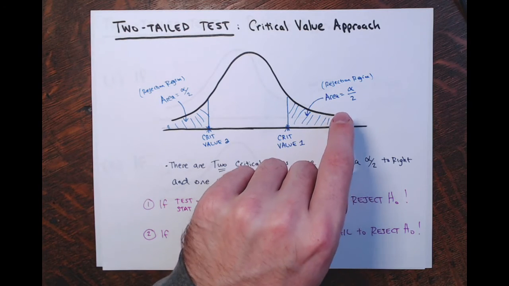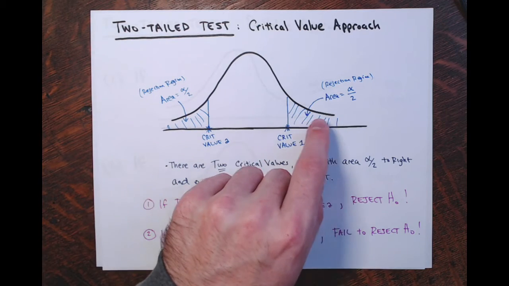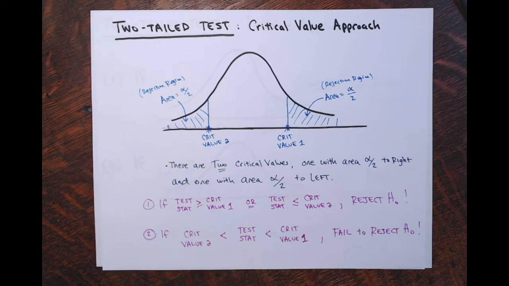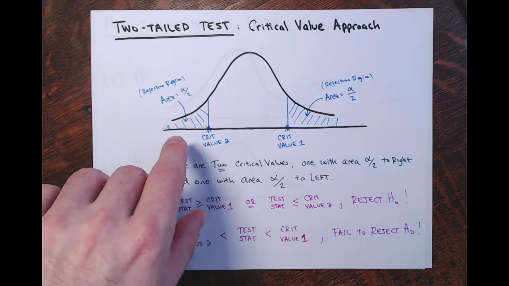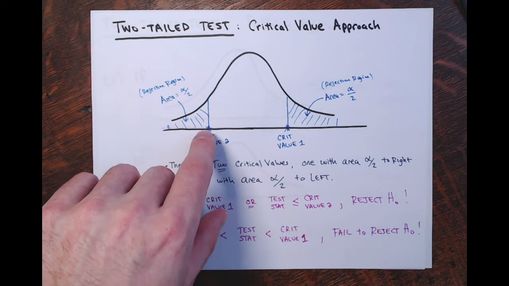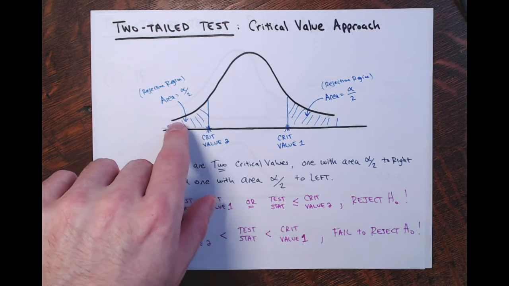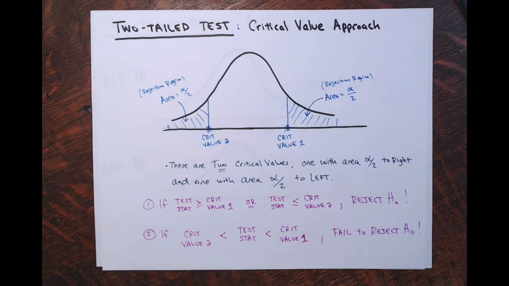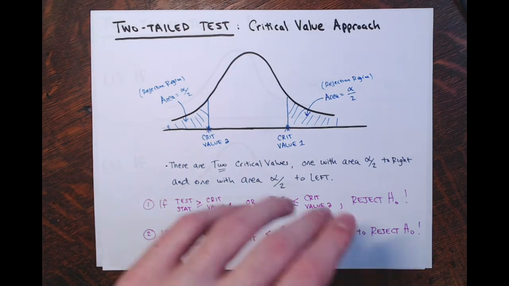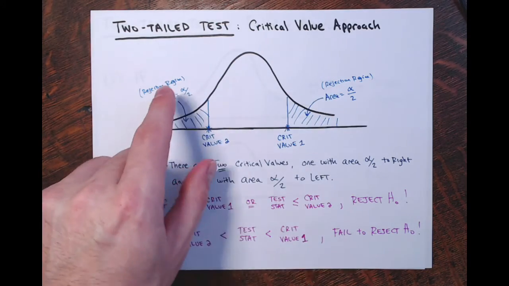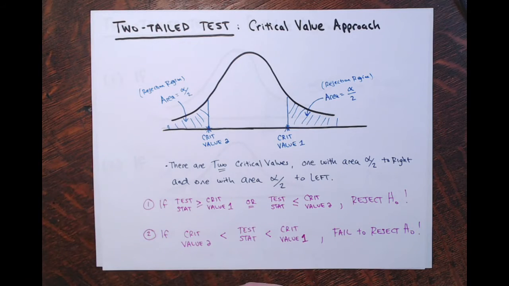That's part of the rejection region. And then the critical value on the left has an area to the left of it of also half of alpha. And that's the other part of the rejection region. And so again, the total area of the rejection region is alpha.